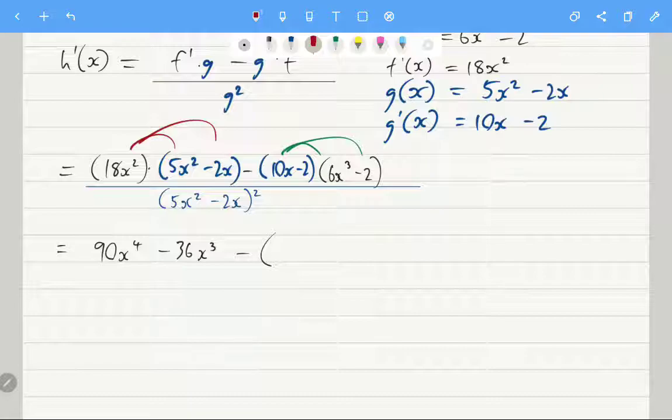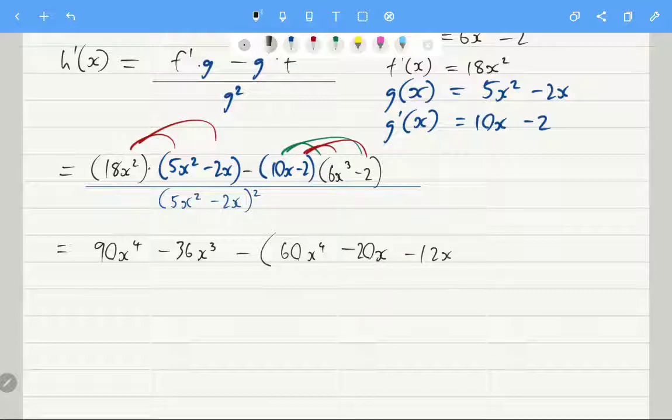We've got a few pairs of brackets to expand. So we can get 10 times 6 is 60. x times x to the 3 is x to the 4. 10x times negative 2 is minus 20x. Minus 2 times 6x to the 3 is minus 12x to the 3. And minus 2 times minus 2 is plus 4.